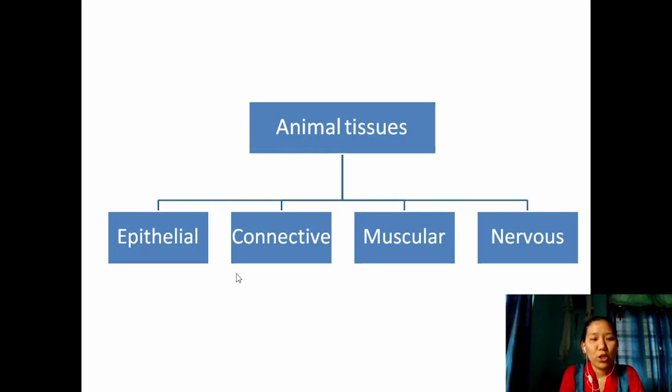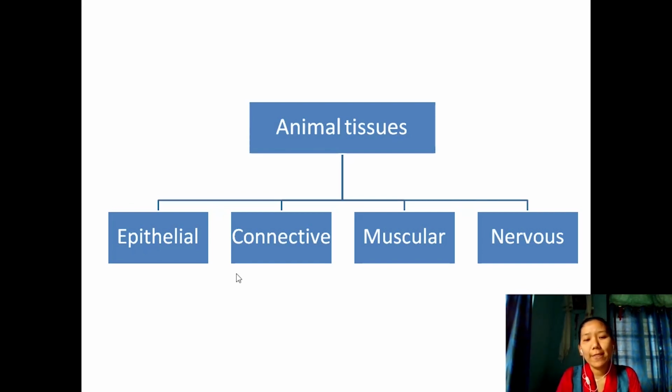Epithelial tissues are usually found as a lining of the duct or as a covering from the external environment, so that is protective as well as lining of the inner tissue. Next is connective tissue, which links the organs and tissues.